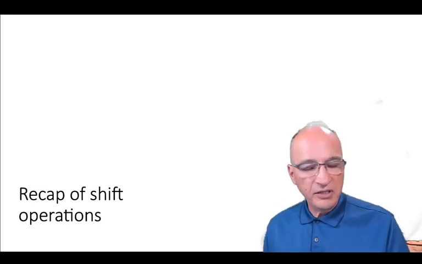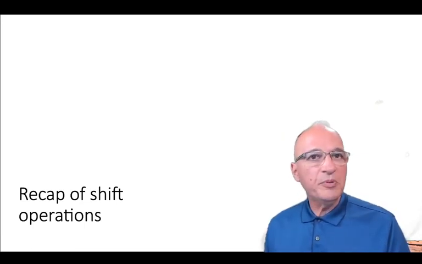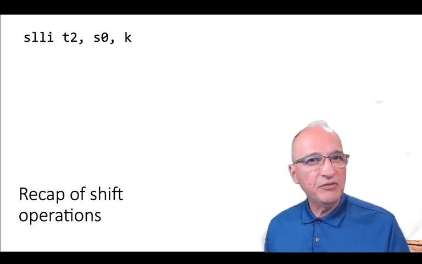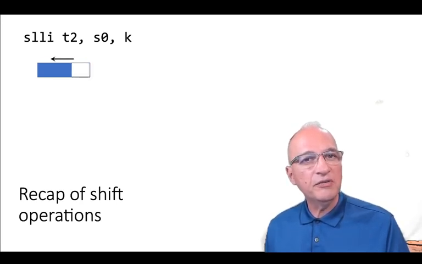So let's do a recap of the shift logic operations. We have learned in this part of the lecture that we have a shift left logical immediate. When I do this operation, I shift to the left and I insert zeros on the least significant bits.